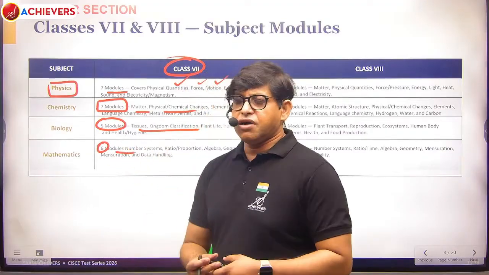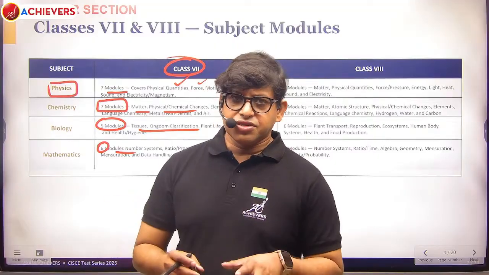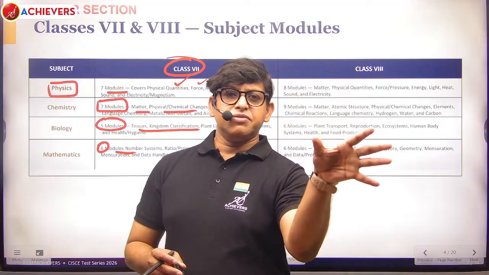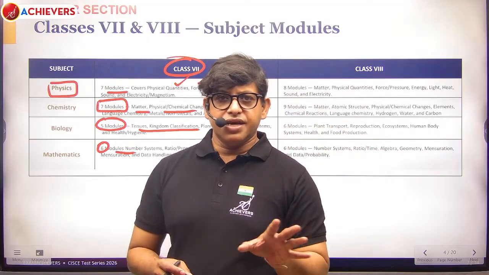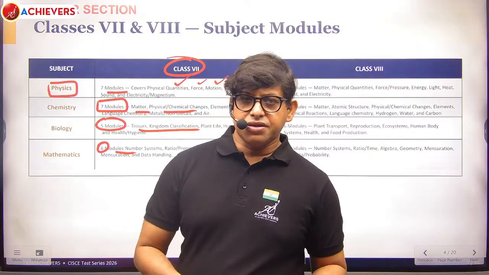So before we begin, you will be handed the entire syllabus structure. This is module number 1. There will be a detailed syllabus in your CISC booklet. You are going to get that CISC booklet. This is just a presentation matter.